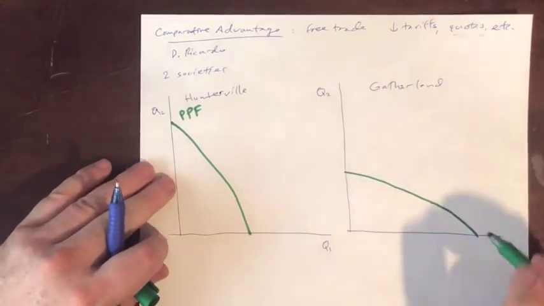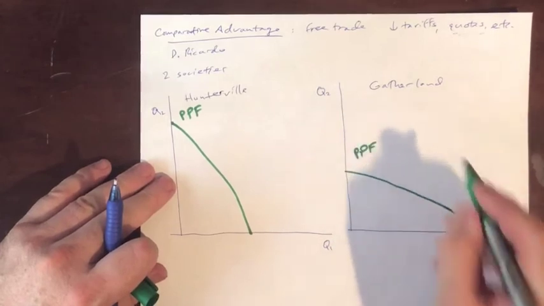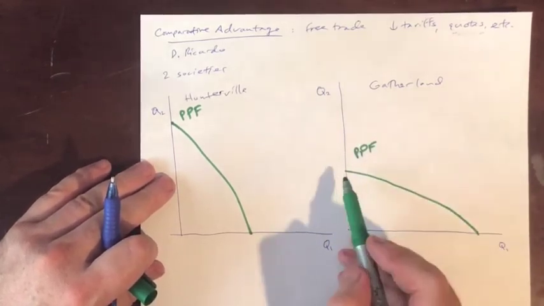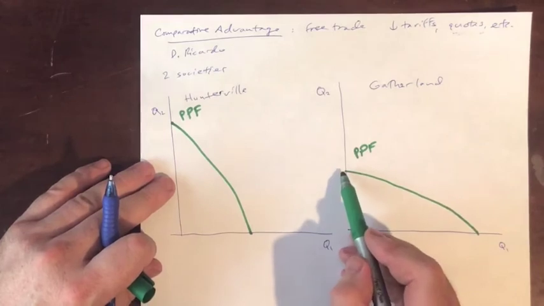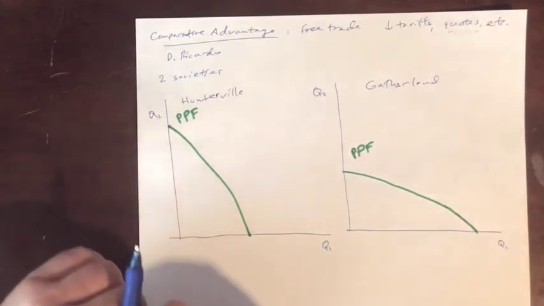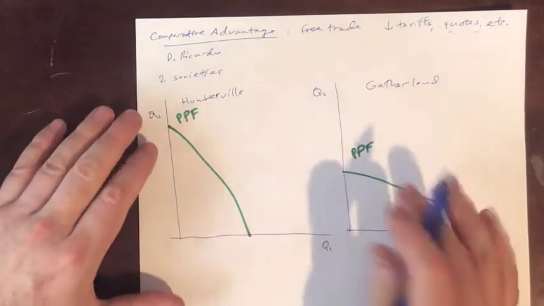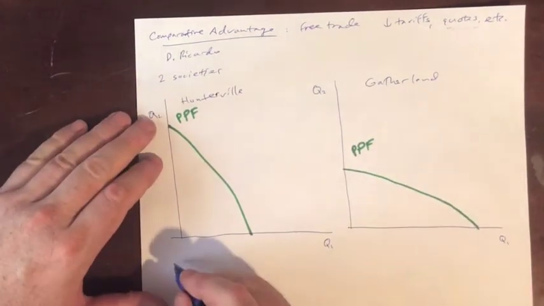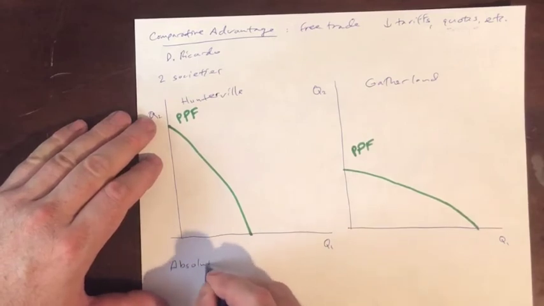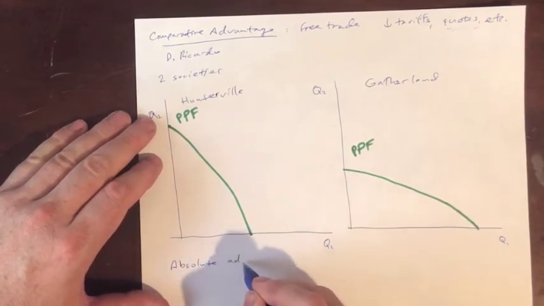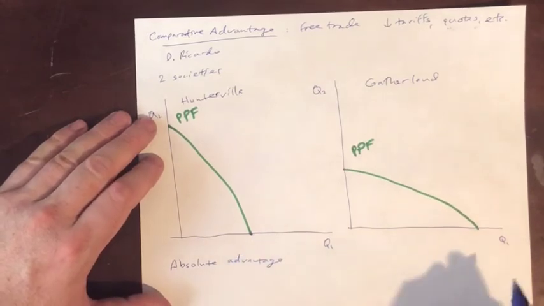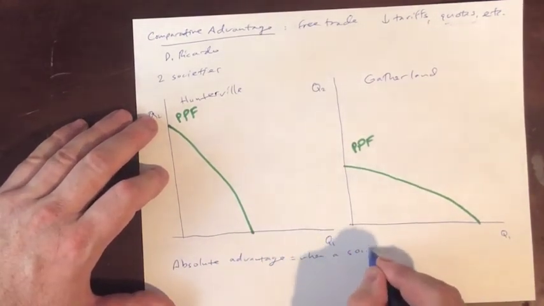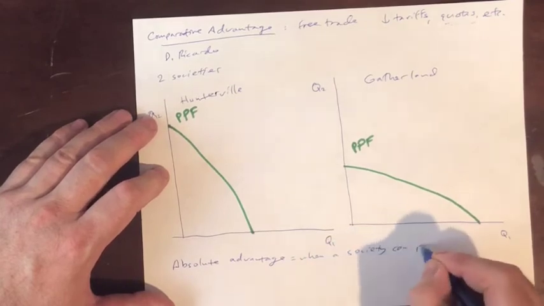Their production possibilities frontier shows they can produce a lot of berries if they put their mind to it, but if they all produce meat, they're going to produce a lot less. So these two societies have different advantages. What we call this is absolute advantage. We define that as when a society can produce more.